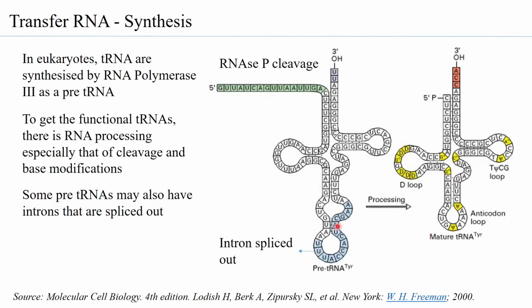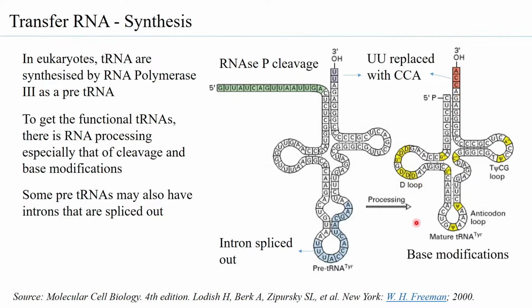So that is the second processing step with respect to the pre-tRNA. The third is that at the 3' OH of the pre-tRNA are two U's, and these two nucleotides are replaced with CCA by an enzyme system. So you will find that every tRNA has the CCA at its 3' OH.